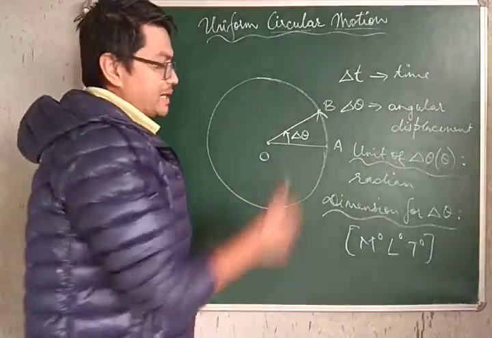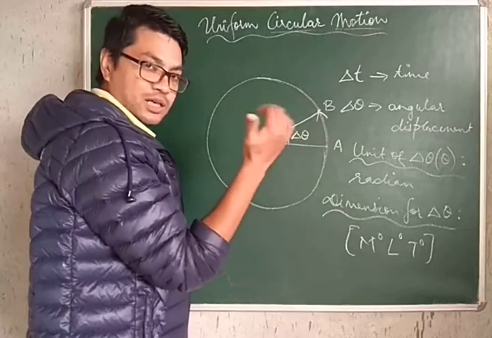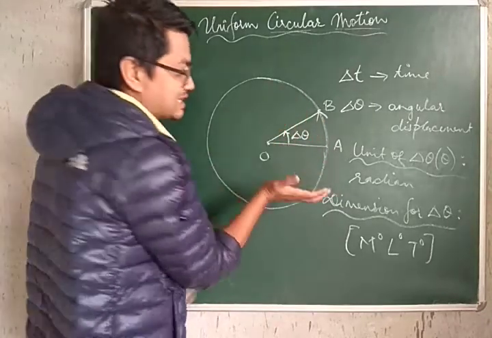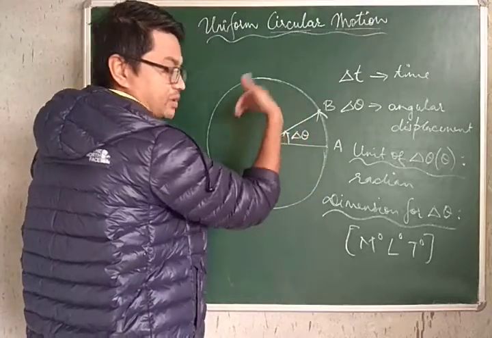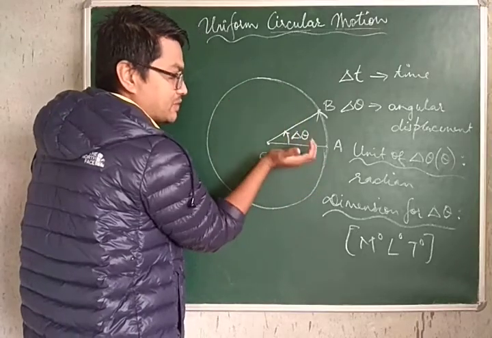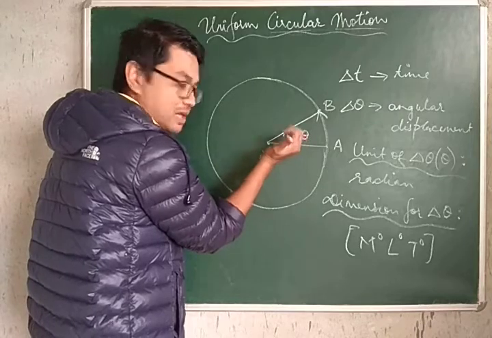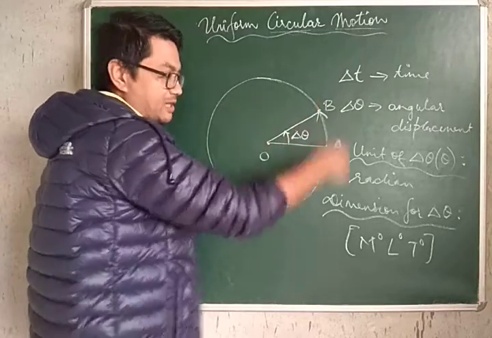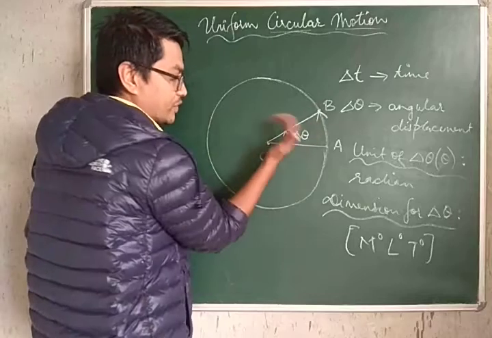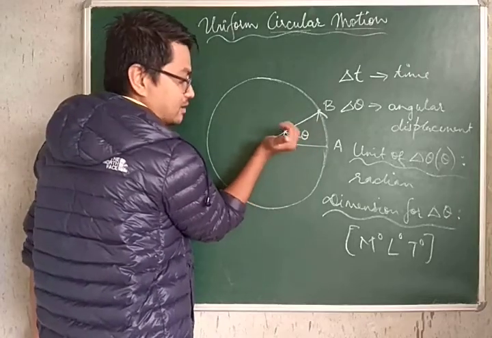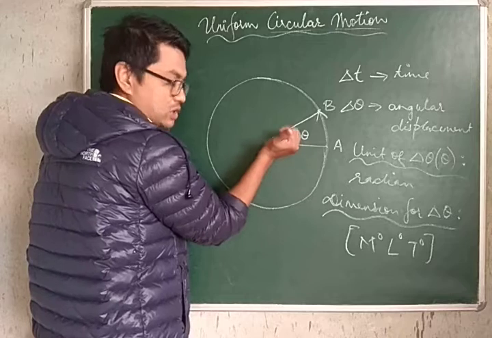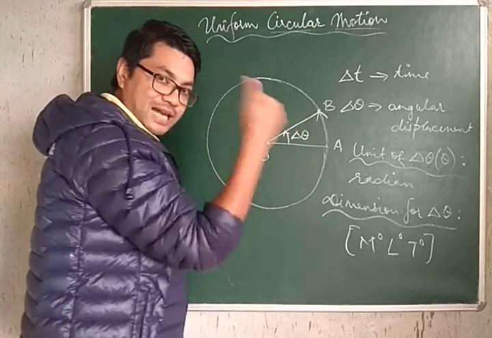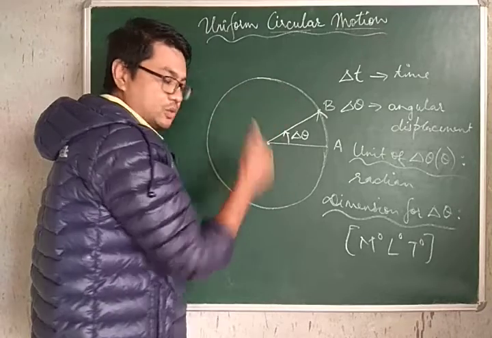Now, that is given by the right hand thumb rule. The four fingers curl in the direction of motion of the body, and the thumb gives you the direction of the angular displacement. So in this case, since the motion of the body is being executed in the anti-clockwise sense, our fingers curl in that direction and the thumb gives us the direction of the angular displacement. Thumb of your right hand, remember, right hand thumb rule.